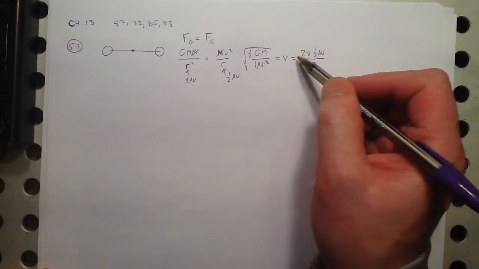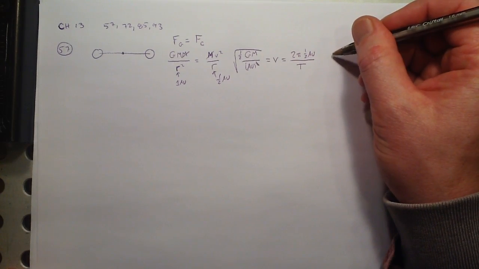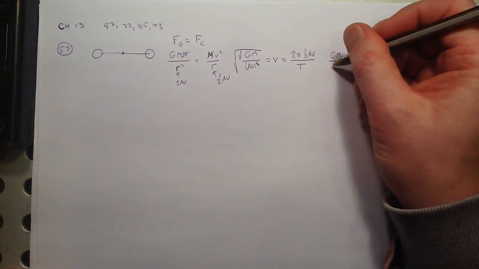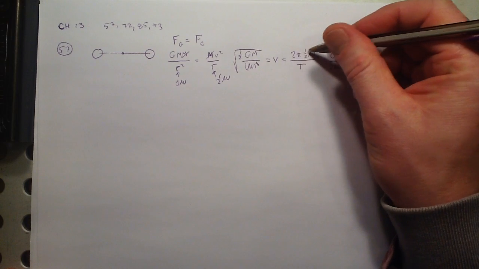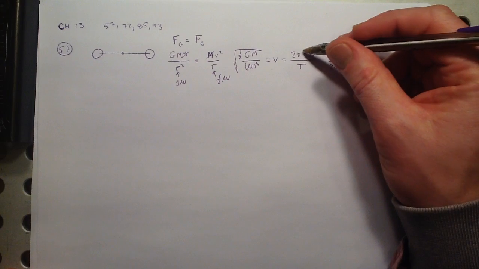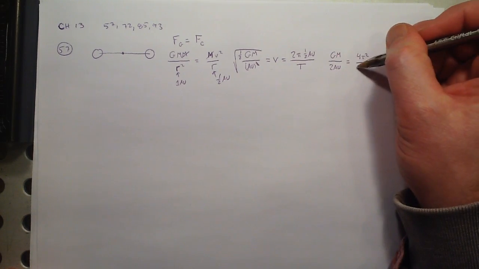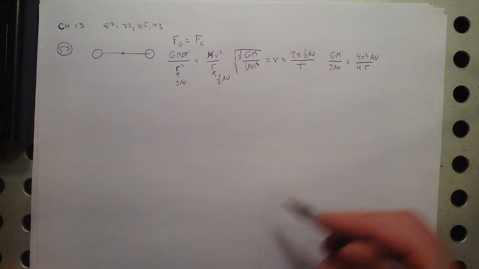So squaring both sides of this equation, I get G M, I'm going to go ahead and drop that 2 down to the bottom, over 2 AU is equal to 4 pi squared. I'm going to square that 1/2 and drop that to the bottom. That'd be 4 T squared times an astronomical unit squared.